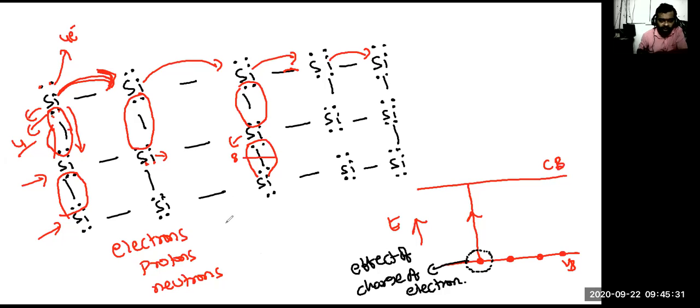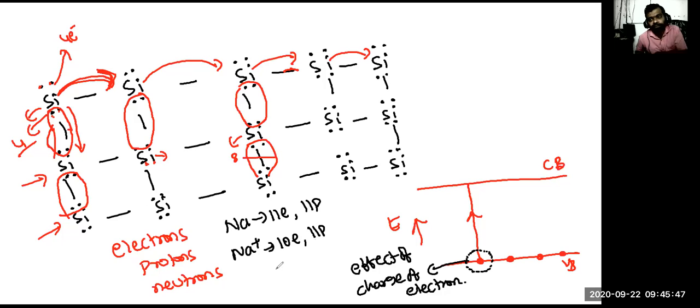Say for example, if I consider sodium atom, 11 electrons and 11 protons. Sodium ion Na plus, 1 electron is removed. That means 10 electrons and 11 protons.